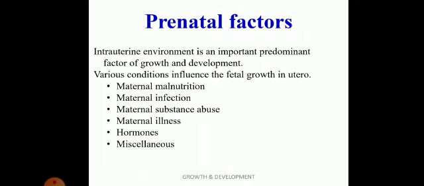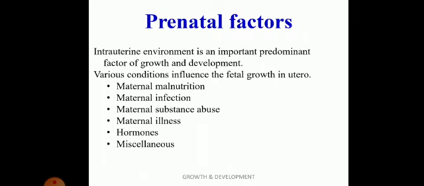Sometimes it is substance abuse. If the mother has any addiction to drugs, alcohol or tobacco, that may also affect the growth and development of the child. Maternal illness. Sometimes it is not just a serious illness; it may be simply routine illness like cough, cold, fever.